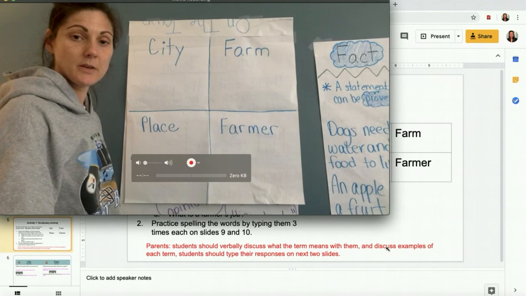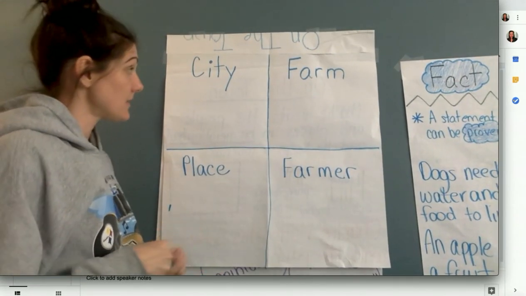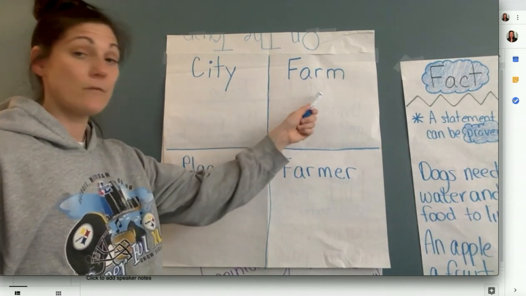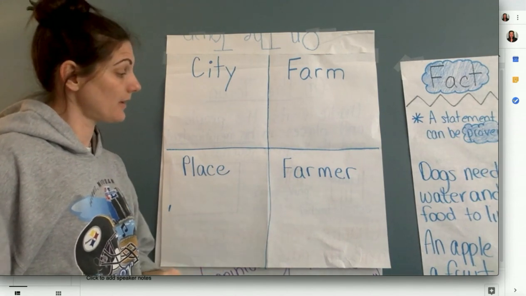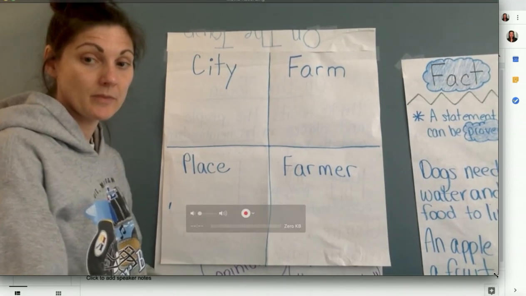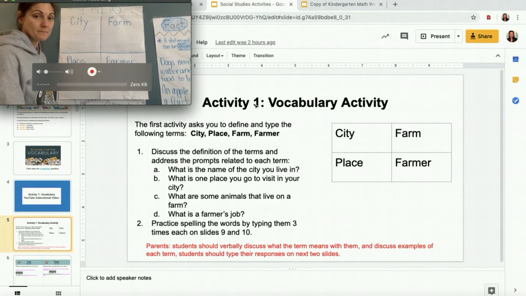It's bigger so that you can see. So get those 4 words written down. Again, city, farm, place, and farmer. If you need to pause the video because you need more time, go ahead and do that. If you're ready to move on, we're going to look at this slide.